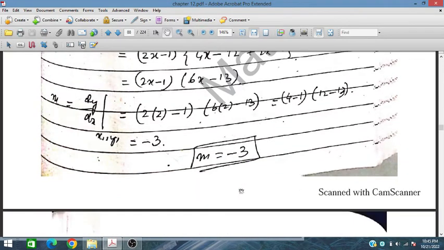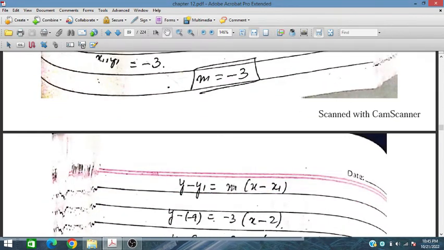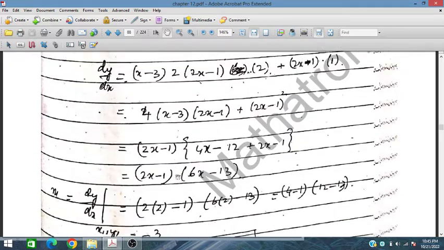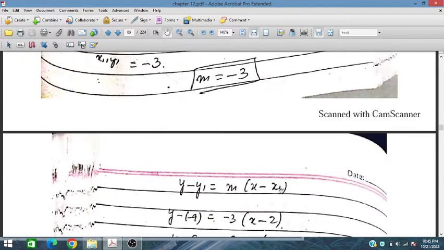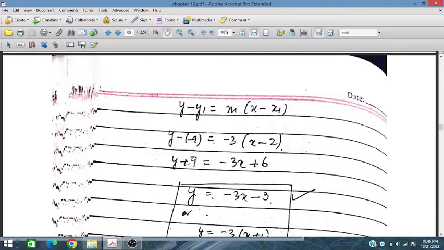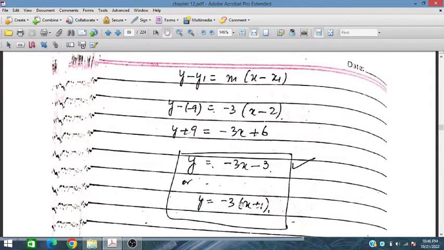With x1, y1 already known as (2, -9), we place them in the equation: y plus 9 is equal to minus 3x plus 6. So this 9 is shifted to the other side, giving y equal to minus 3x minus 3, and minus 3 may be taken common.